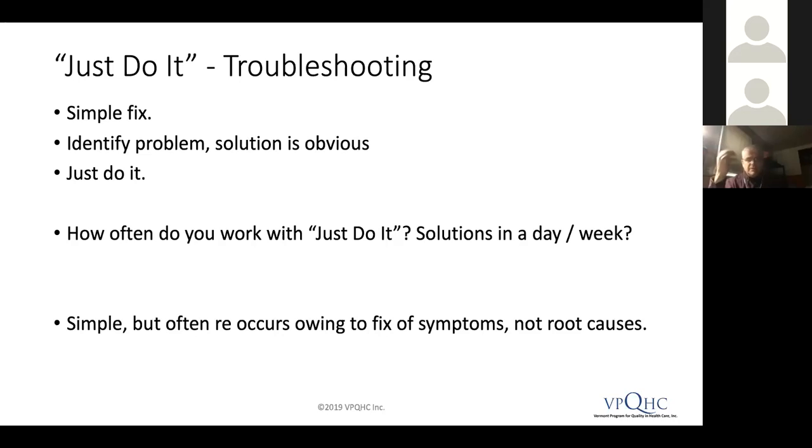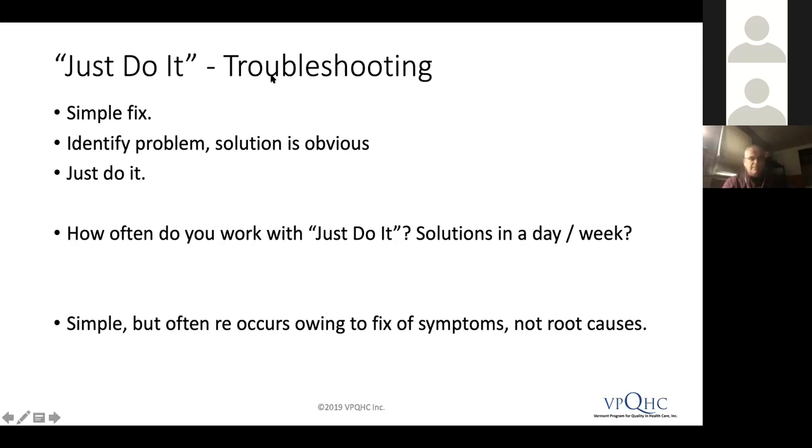There are multiple different examples you can think about, but it's usually quick, and it's something that you can achieve very, very fast. But it doesn't necessarily resolve anything in a systematic way. That being said, it's very valuable, and there are perfectly reasonable opportunities and reasons for using that particular technique.